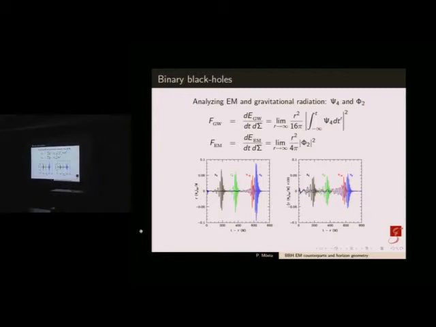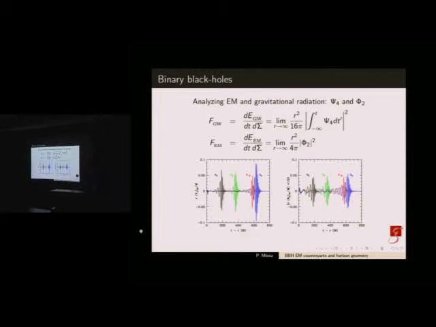So what we look at here are different spin configurations, and we've chosen only certain angles of alignment or misalignment. We've taken one where both black hole spins have the same magnitude and are both aligned with the initial magnetic field. Then one where both are anti-aligned, and a mixed configuration like that. And as a reference point, we also take the non-spinning binary system.